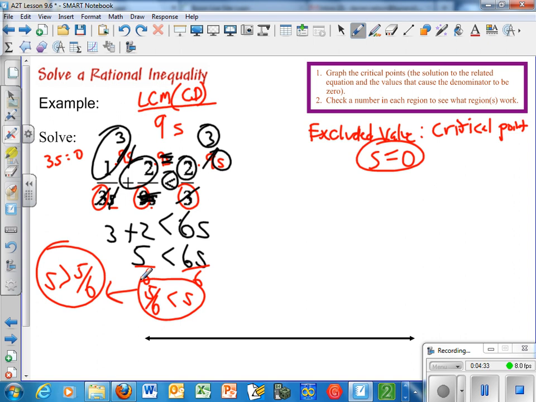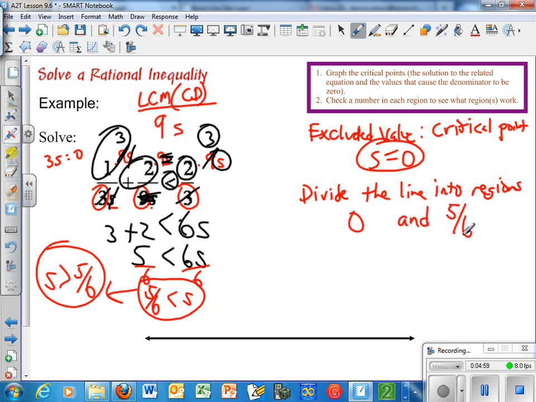Okay, so what we want to do is divide the number line into regions using our critical value of 0 and what we got for the solution, which is 5/6. So this was the critical value and the solution. I want to plot 0. 5/6 is positive, so I'm going to put it right here, a little bit before 1, if that was a 1. 5/6 of the way to 1.